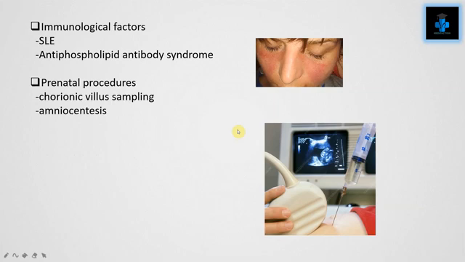SLE is an inflammatory disease caused when the immune system attacks its own tissues. Also, antiphospholipid antibody syndrome could be an immunological factor. Prenatal procedures, which may be chorionic villus sampling and even amniocentesis, could be a reason for miscarriage.